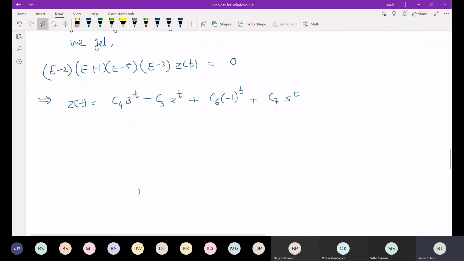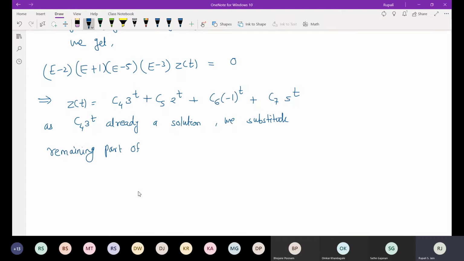As C4 3^t is already a solution, we substitute the remaining part of ZT, that is C5 2^t plus C6 (-1)^t plus C7 5^t in equation, which equation? In equation number 5.